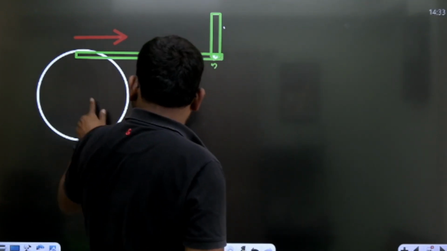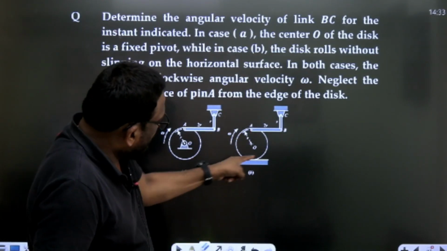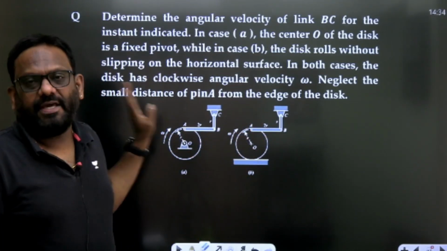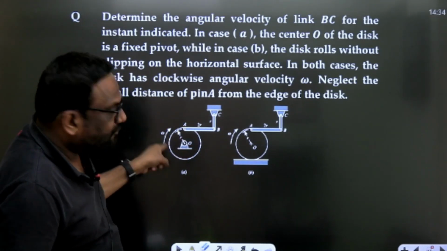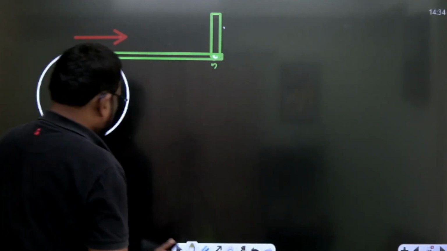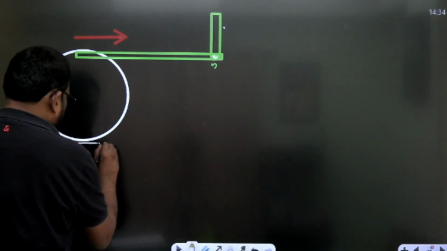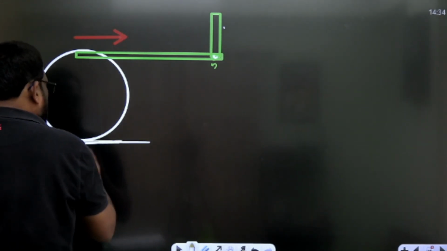In the second case, what he says is, see once, the disk is in pure rolling. In the first case it was fixed about the center and rotating about a fixed point. Now it is pure rolling, rolling without slipping.